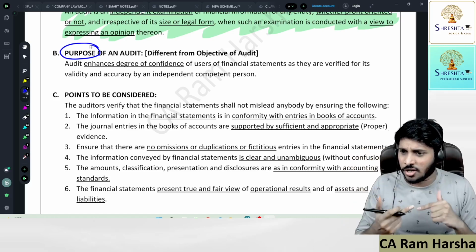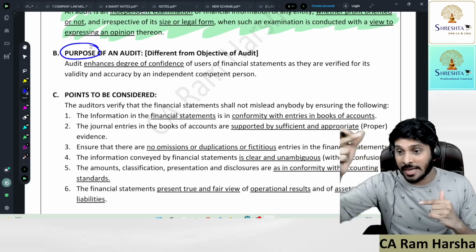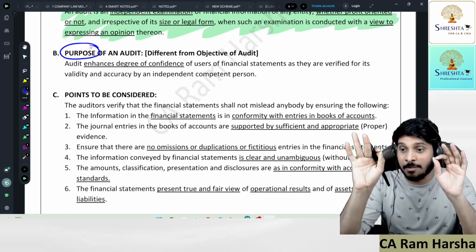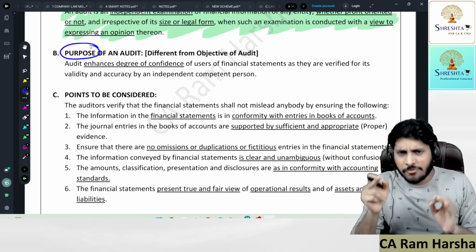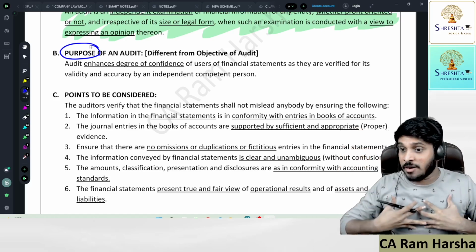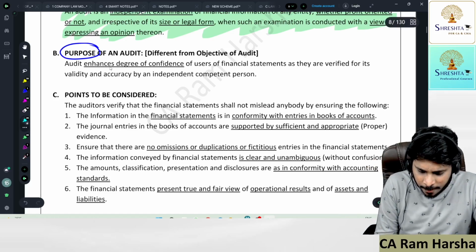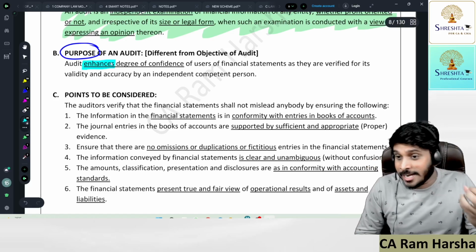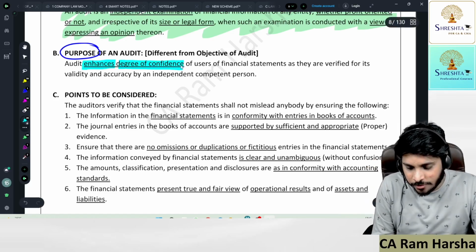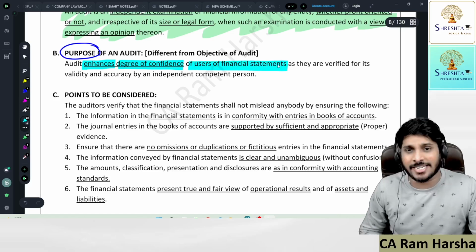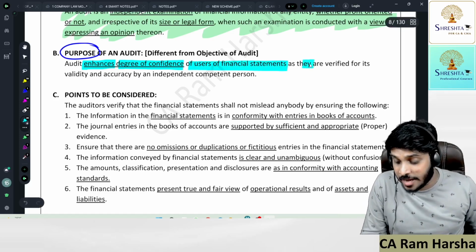Can I believe it or not? The auditor's signature is a certification that I can believe them. If the auditor's signature is there, I will believe them happily and confidently trust them. So audit increases the degree of confidence of users of financial statements because they are verified.